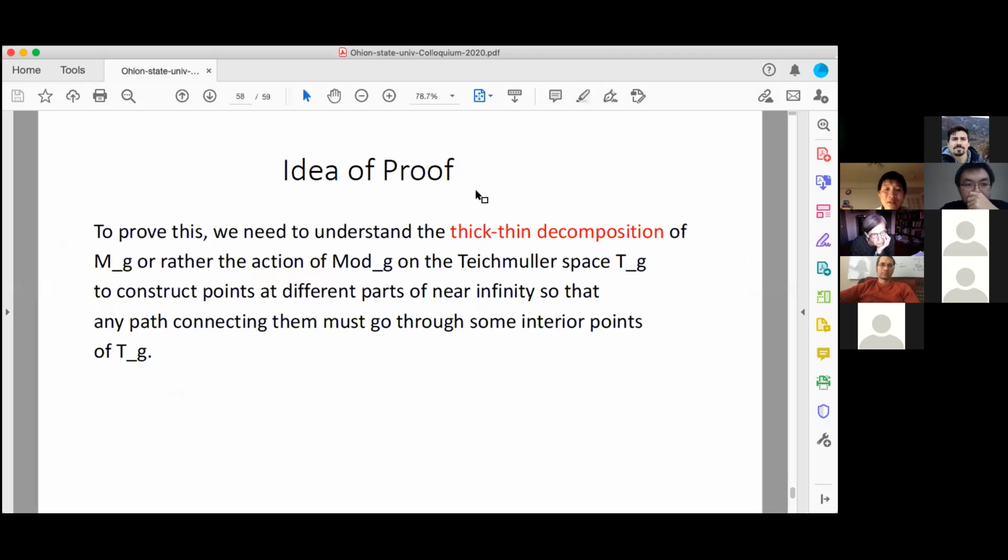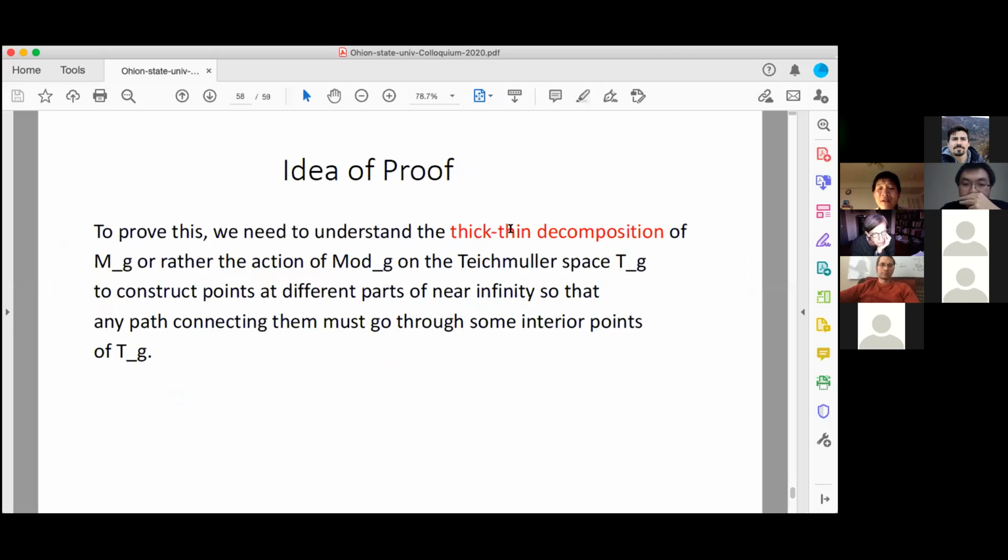Oh, yes. So I constructed explicitly two Riemann surfaces. Maybe I should show you the last page. So the idea is, I have to construct two sequences of points or Riemann surfaces.